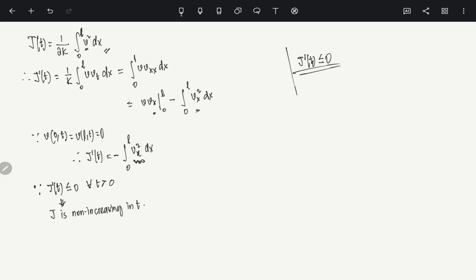Again, you see J of 0, if you want to calculate it, J of 0 is nothing but 0. Why?